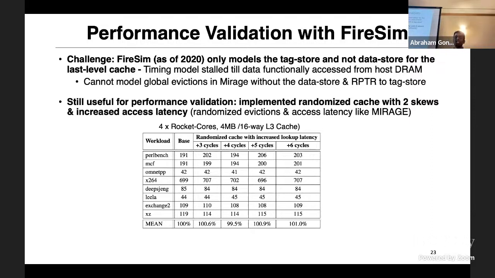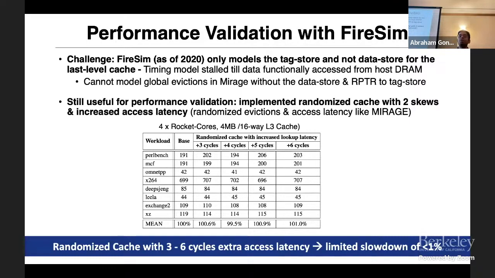With this, we got the opportunity to run longer-running workloads, entire workloads, and observe that the overall slowdown is not high. Even if you increase the latency anywhere between 3 to 6 cycles, we observe minimal slowdown, less than 1%, which is better than what we observed in our trace-based simulations. We also did this evaluation with Gem5, and it was in a similar ballpark.